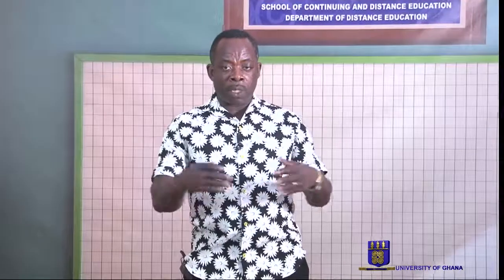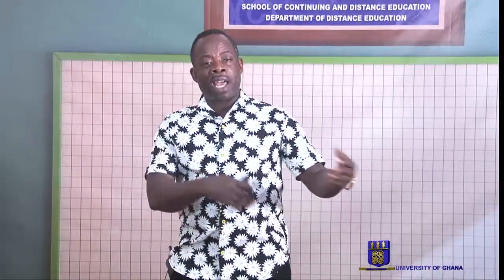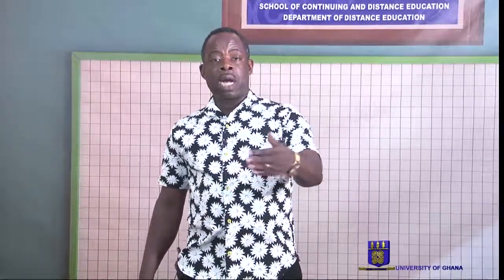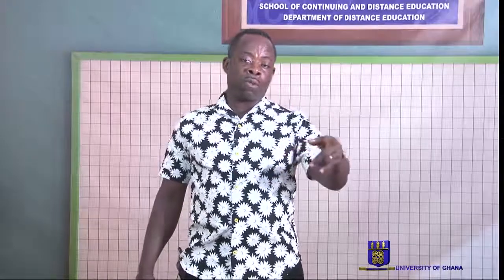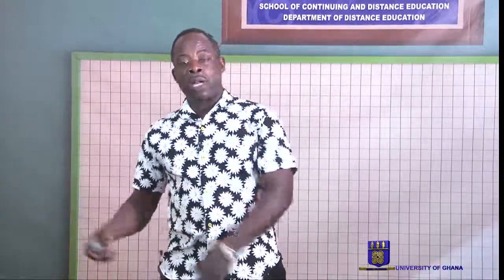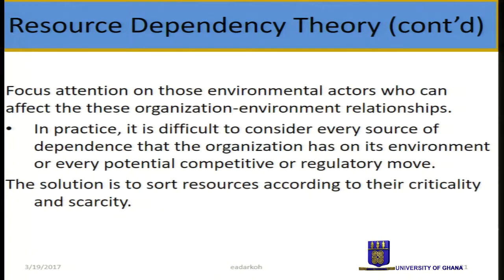The use of open systems analysis will help you to identify the resources that you need as an organization, and the systems approach helps you identify the source of inputs. Then you can use the network model to identify where the resources are located. Not difficult at all. Now, focus attention on those environmental actors who can really affect the relationship.